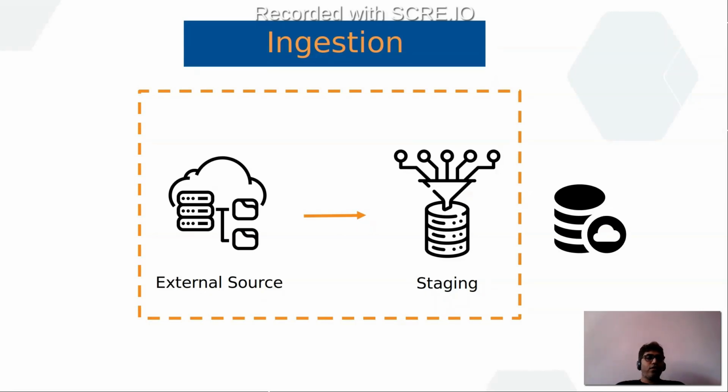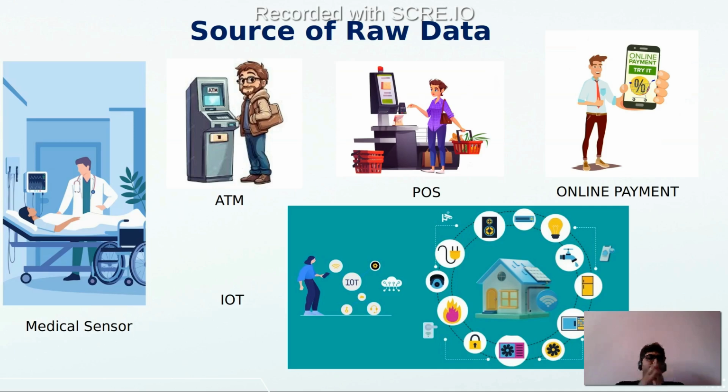And of course, when you ingest the data, you need a staging location, a staging area where you can stage the data, so that you can accumulate a certain amount of data and process it through the project.